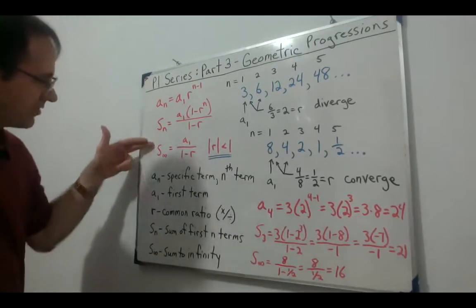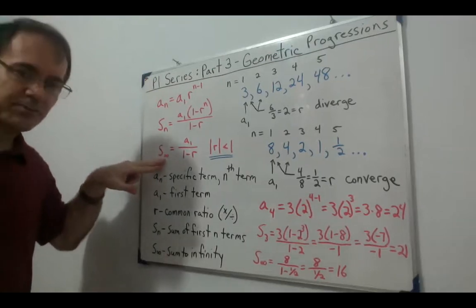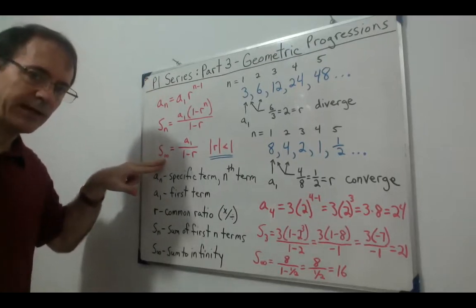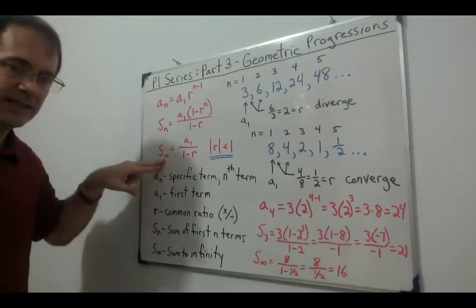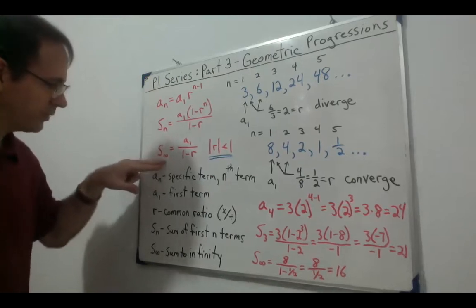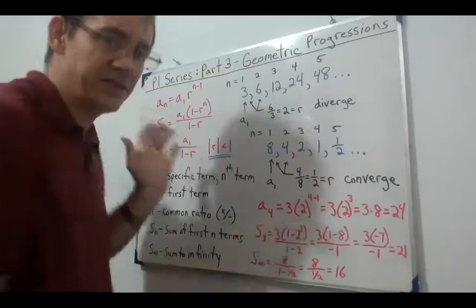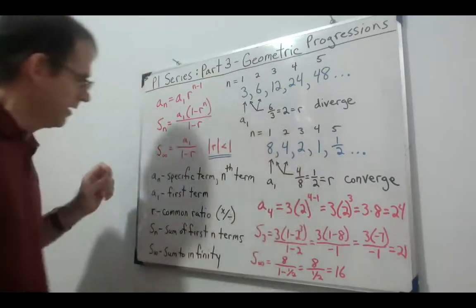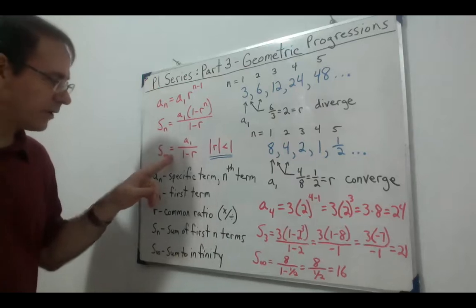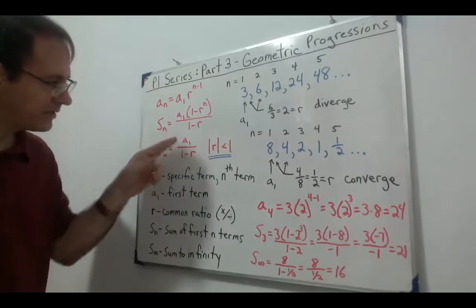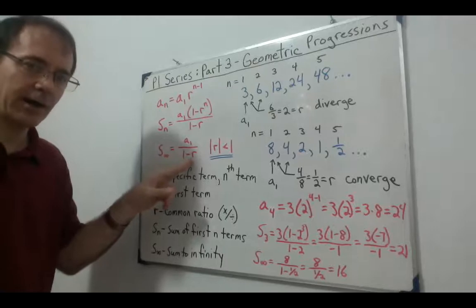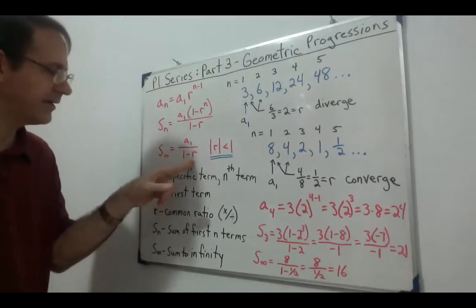And then we have the sum to infinity, here's maybe the first time you might have been introduced to the infinity symbol. So the sum to infinity, that is, if you add up the terms basically forever and ever, it will equal a1 divided by 1 minus r. Very interesting formula here.